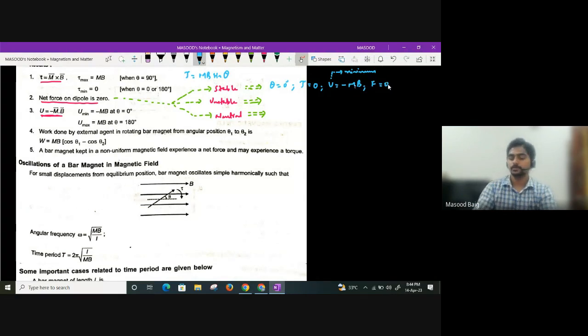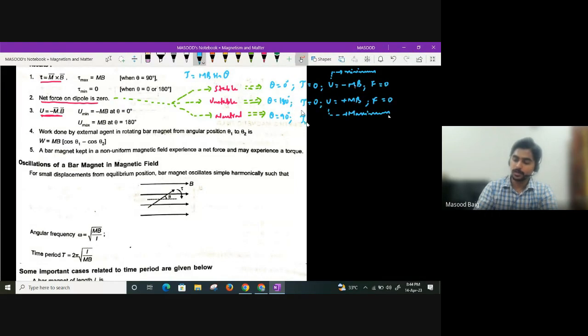Unstable equilibrium, the angle between the magnetic field and area vector is 180 degrees. So torque will again be 0. Potential energy will now become plus mb, which is maximum. And what is the force again? Anyhow, it is 0. Neutral equilibrium, theta value will be 90 degrees.